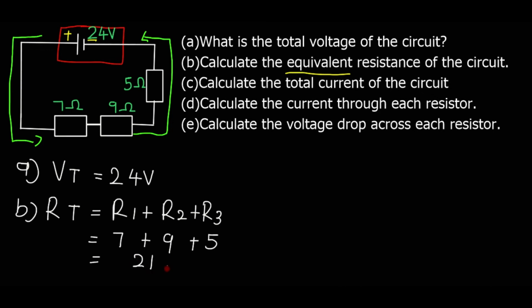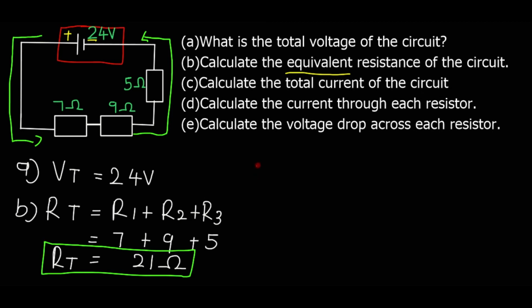So this means we have 21 ohms, the unit of resistance. So make sure you're always on the units, because if you don't write the units you will lose a mark. So this is our answer for part B.